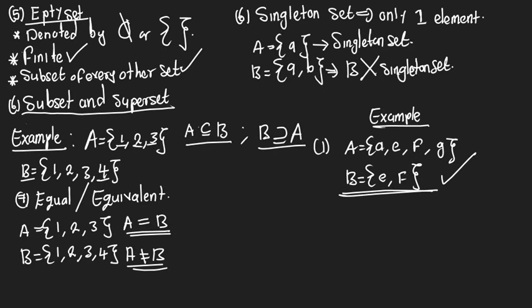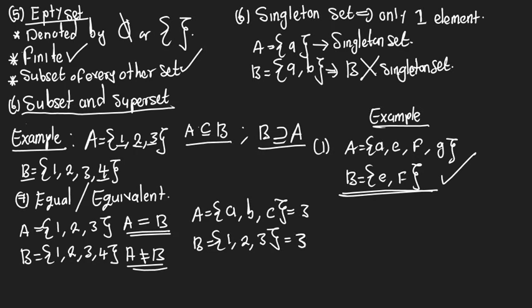When is a set equivalent? A set is equivalent if the number of elements in A is the same as in B. Remember, I didn't say if they are the same, I said if the number of elements in A and B are the same. So in this case, if this is our set A, and set A contains, let's say, A, B, C, and set B contains 1, 2, 3. How many elements in A? There are 3. How many elements in B? There are 3.